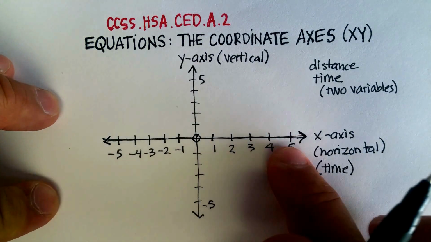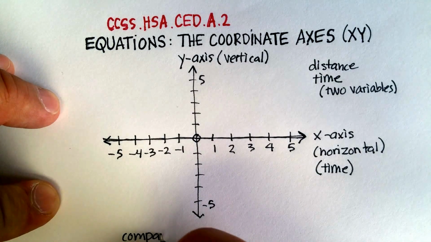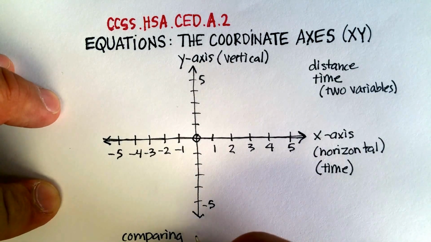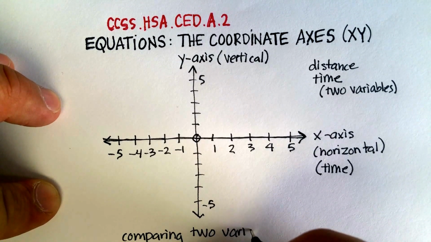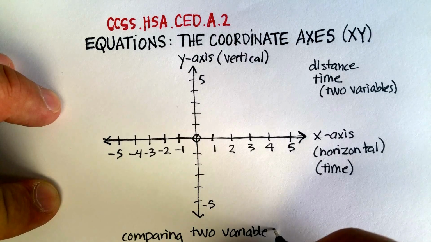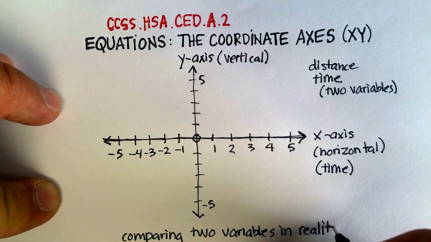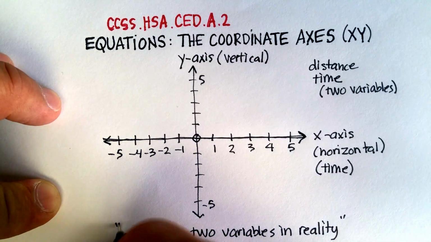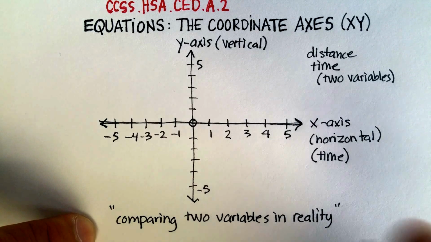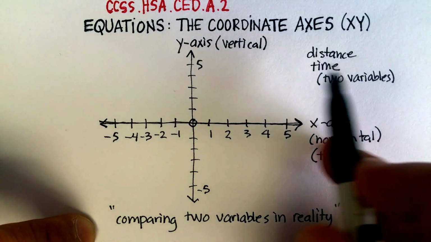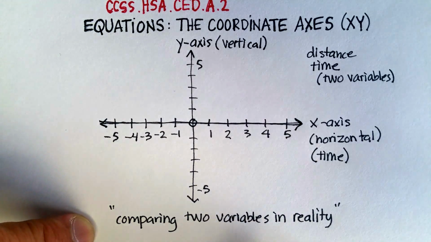So again, the coordinate axis is good for describing two variables in reality. Again, those two variables almost always include time as one of your variables, and then some other quantity as the other variable.